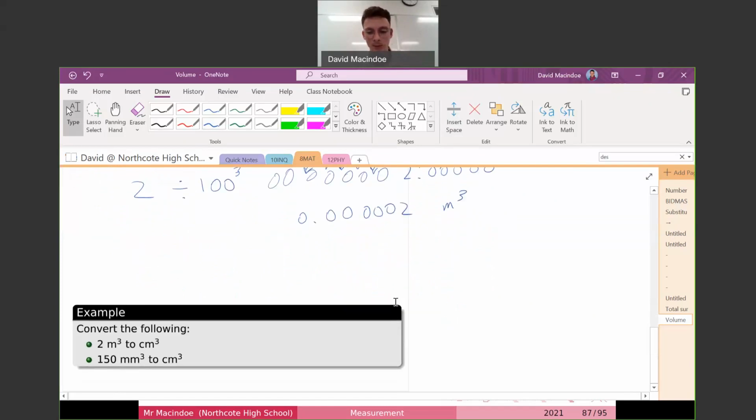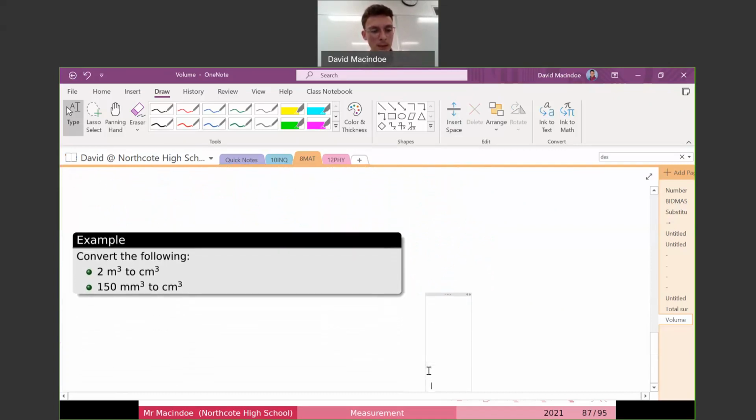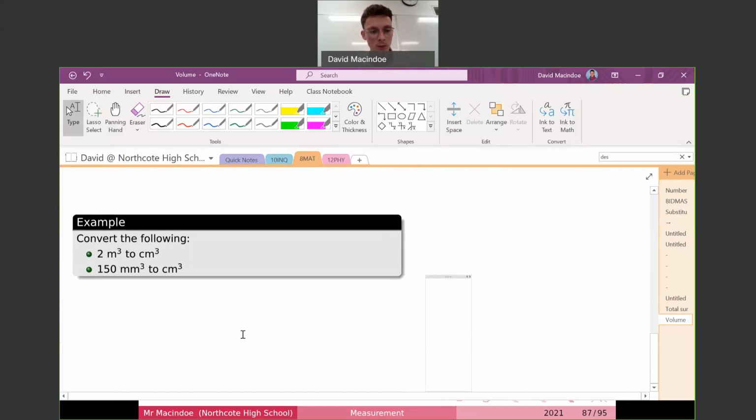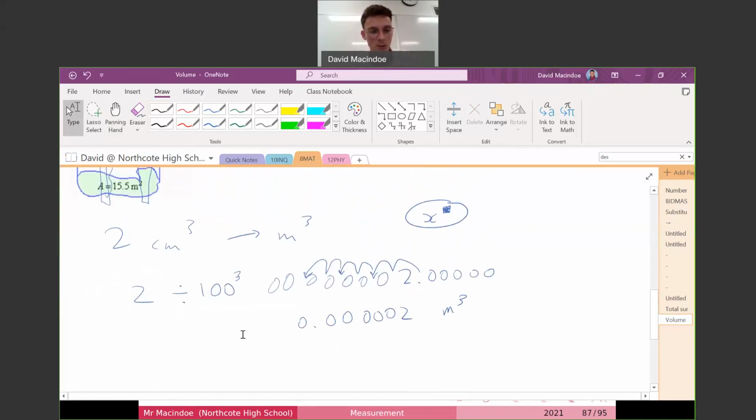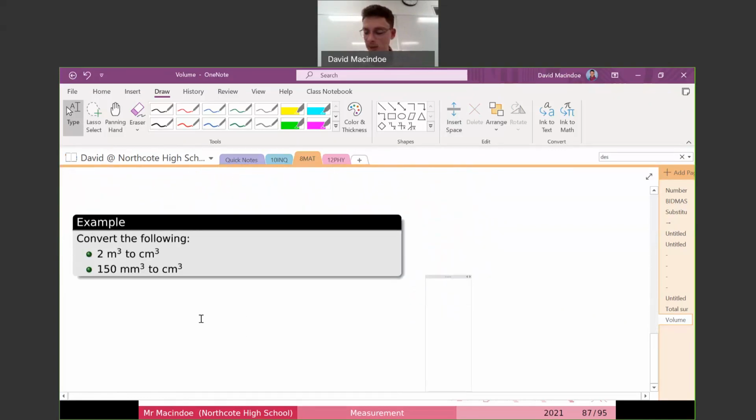Let's just do the final one below it. Why not? So 150 millimeters cubed to centimeters cubed. Oh, well, we mixed this up. Let's change it just because we did that last one. We'll call this now centimeters cubed, and we're going to go to millimeters cubed just to show you the other way.